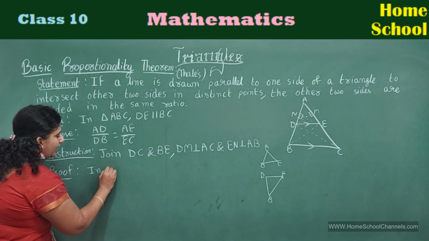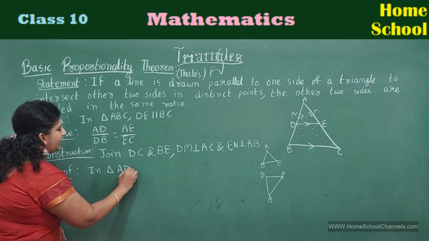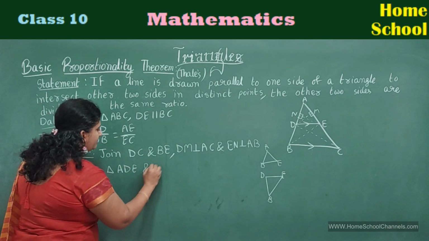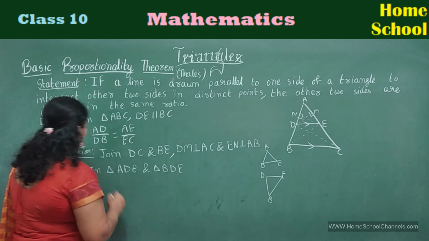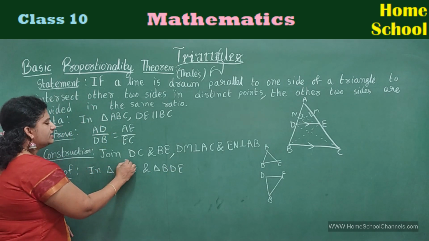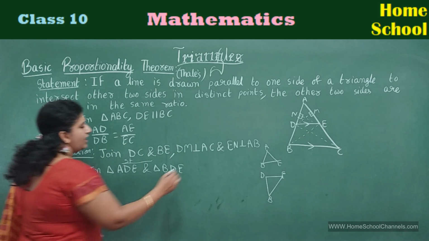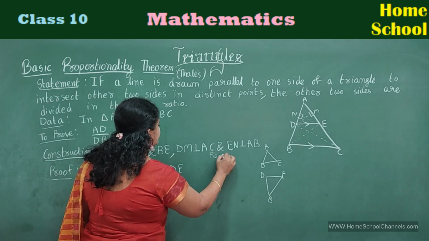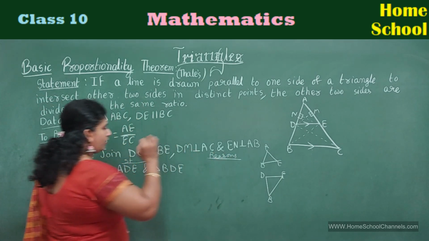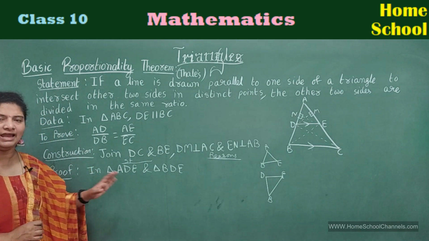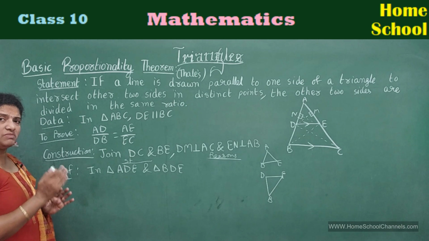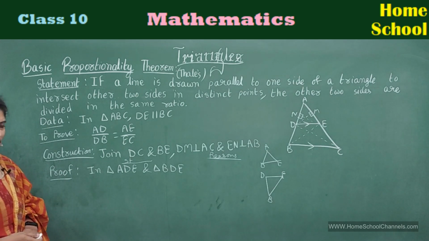In triangle ADE and triangle BDE. If you want to improve, you can write the statements here, and the reasons you need to write here. Okay. Now, in triangle ADE and BDE, I remember the area of a triangle formula.